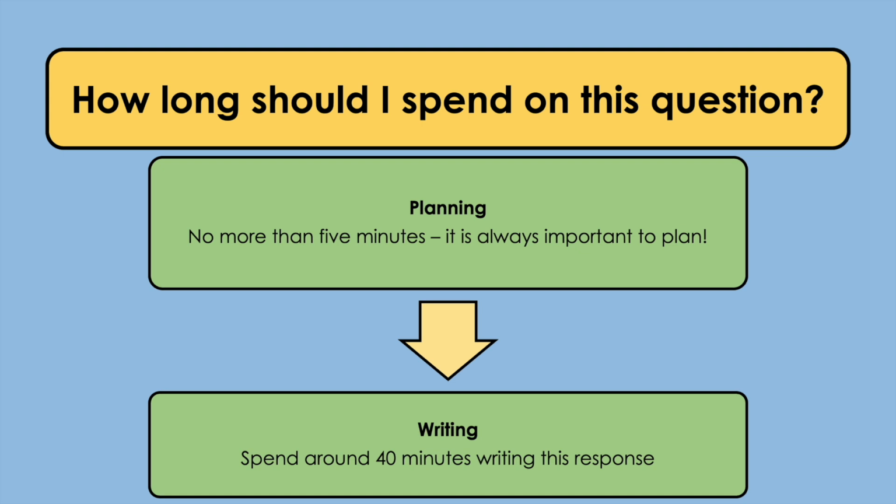So how long should you spend then on an AO1 question? Now, these timings don't change whether you're doing paper 1, paper 2 or paper 3, but these timings are going off you having the allocated amount of time within your exam.